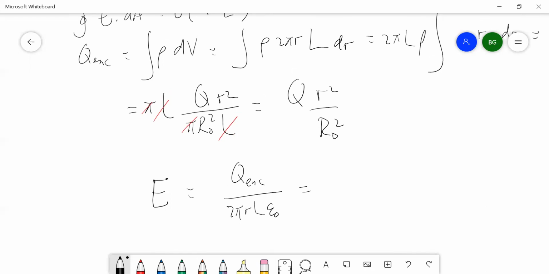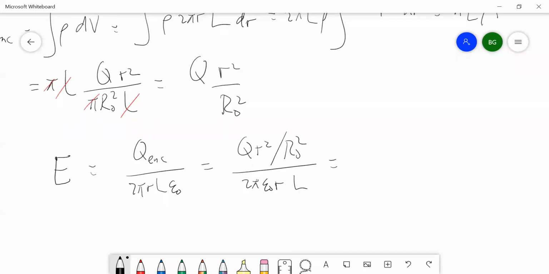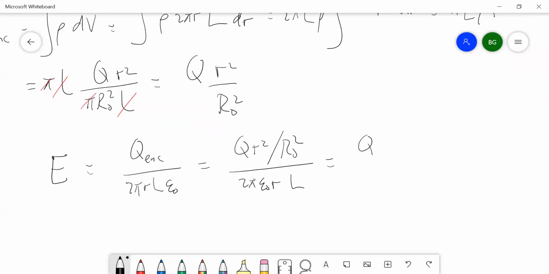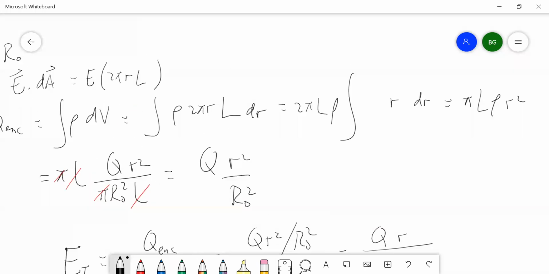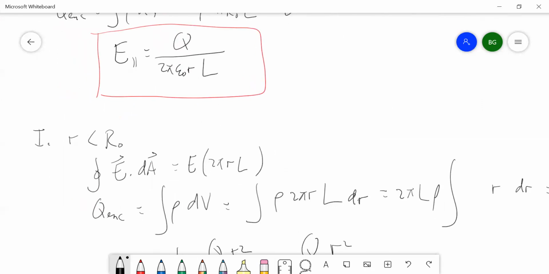So this is Q r squared over R0 squared, over 2 pi epsilon 0 r L, which is Q over 2 pi epsilon 0 R0 squared L, times r. Let's say this is region 1 and this is region 2.